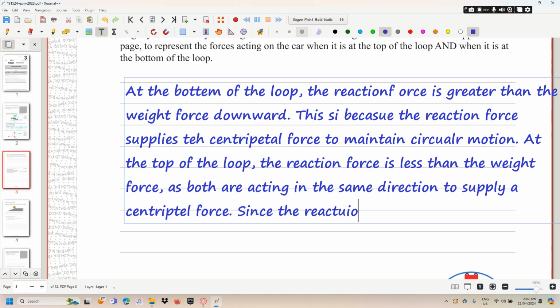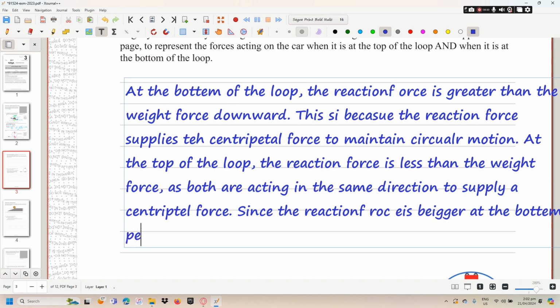Since the reaction force is bigger at the bottom, people feel heavier. You're not actually heavier, you just feel heavier. I wouldn't say you are heavier.